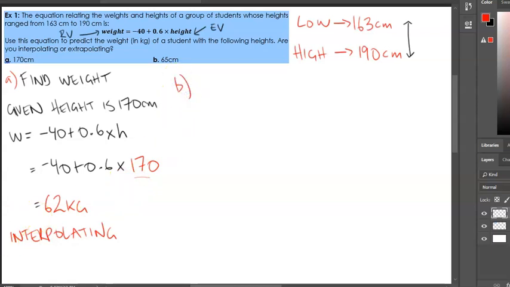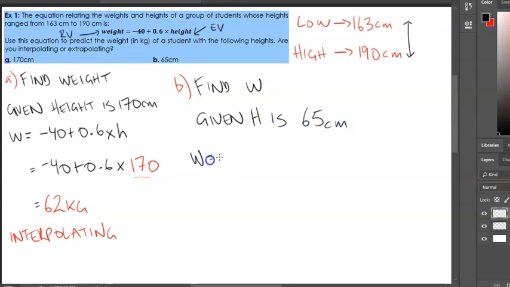For question B, we're going to predict the weight of someone whose height is 65 centimeters. So in this case, we're going to find, I'm just going to put W for shorthand notation, W given the height H is 65 centimeters.